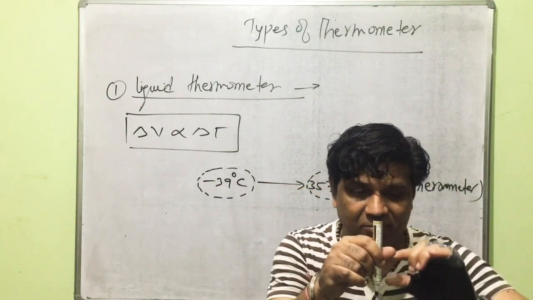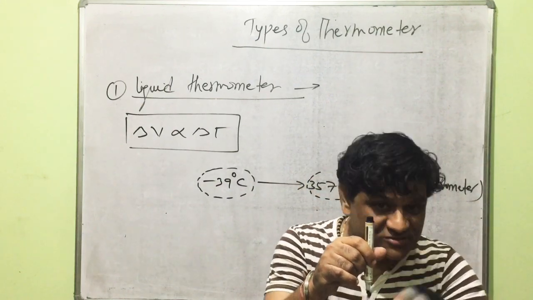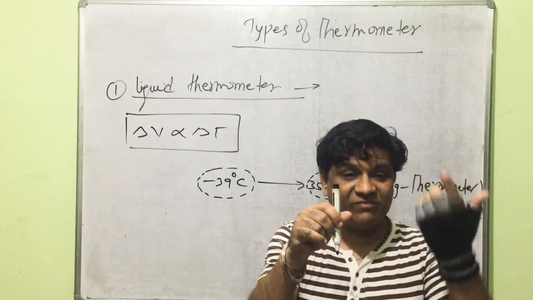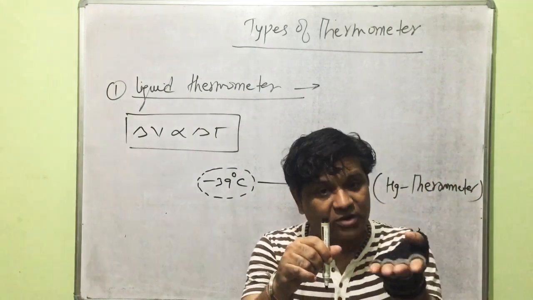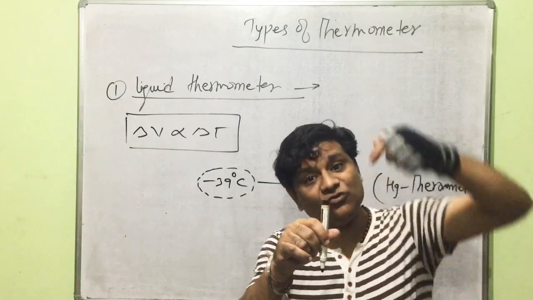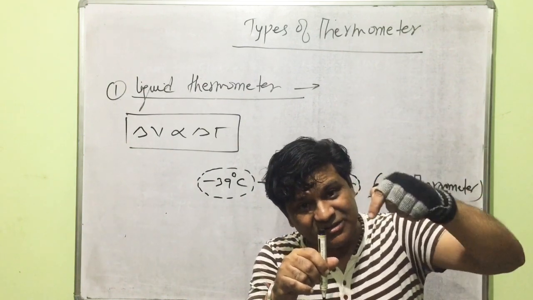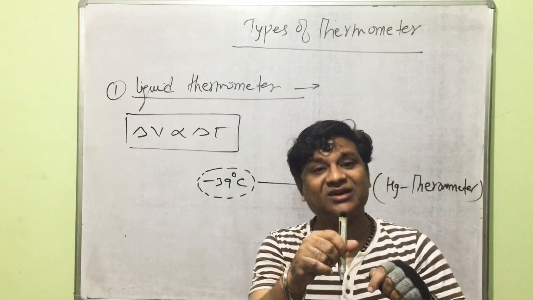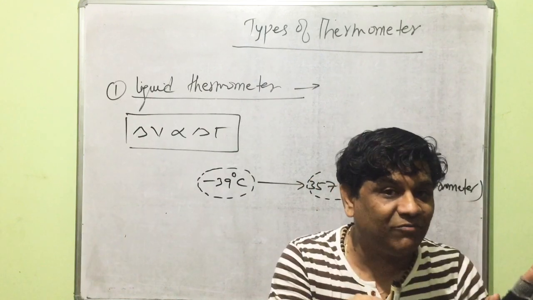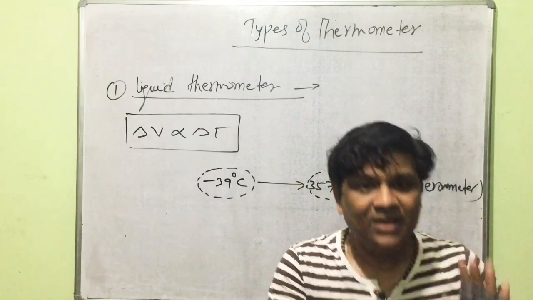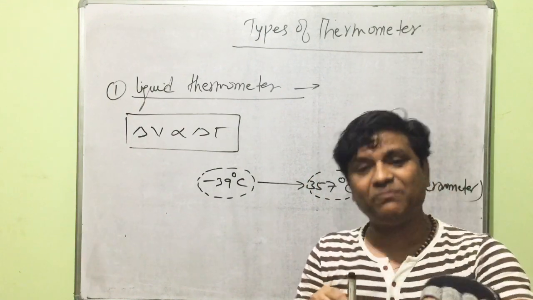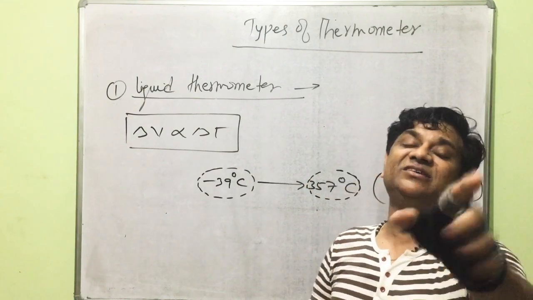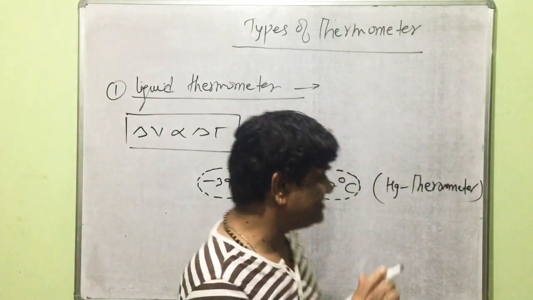So above 357 degrees Celsius, this mercury will try to convert from liquid form into gaseous form, but due to the high pressure exerted by nitrogen gas on the mercury, mercury will not be able to convert from liquid form into gaseous form. So by filling nitrogen over mercury under pressure, we can measure a temperature up to 550 degrees Celsius.